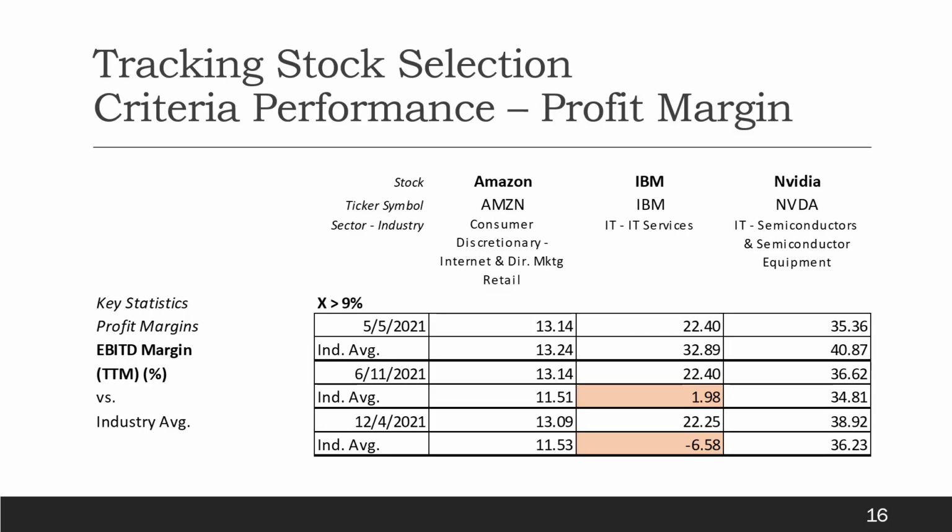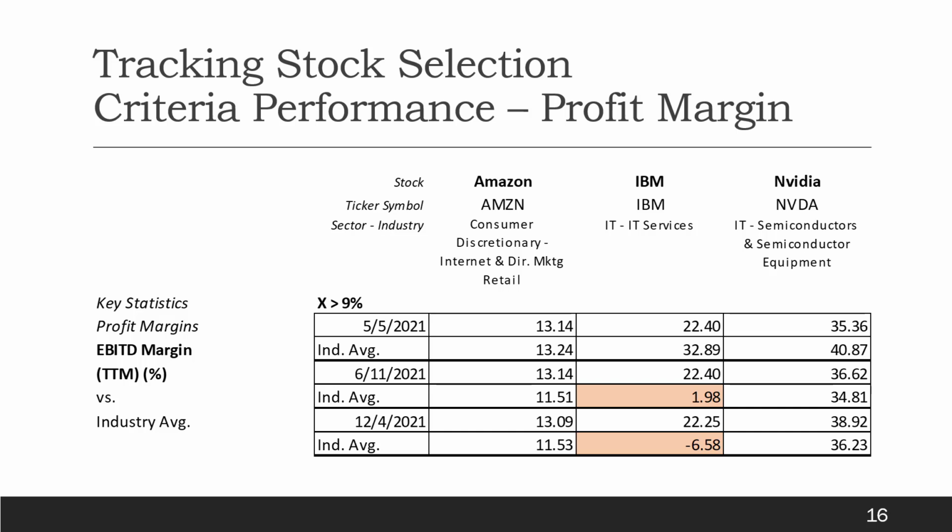Profit margin. As of December 4th, 2021, the earnings before interest, taxes, and depreciation, EBITDA margin, trailing 12 months, are led by NVIDIA at 38.92%, followed by IBM at 22.25%. Then in third place is Amazon at 13.09%.